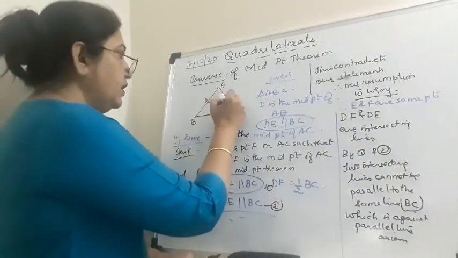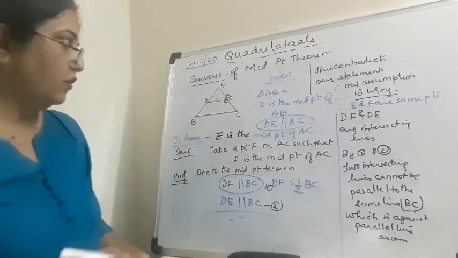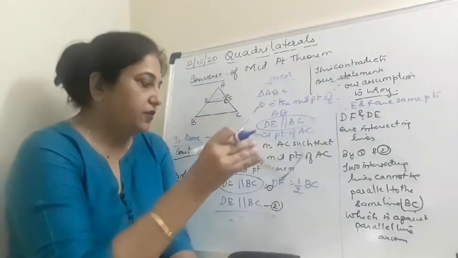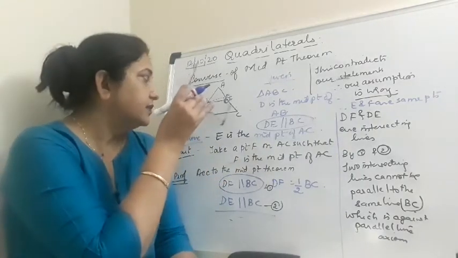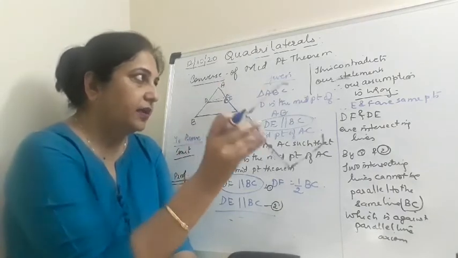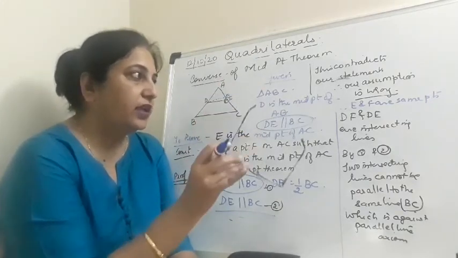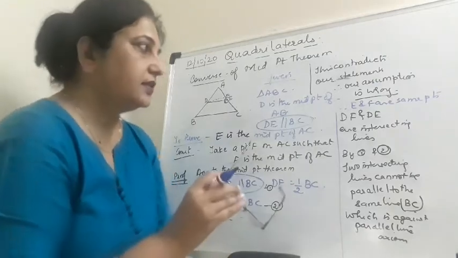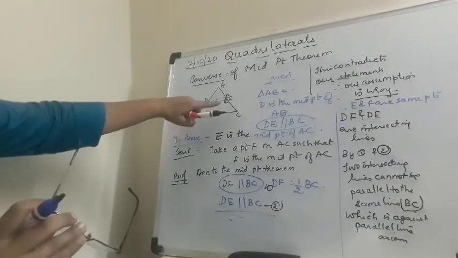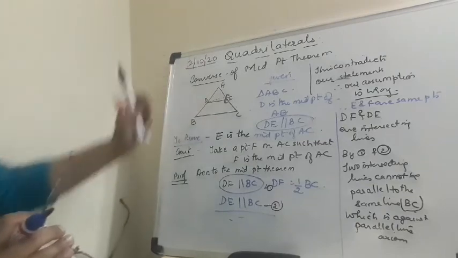Therefore E is the midpoint of AC. Did you understand that after this you will write that these two lines are parallel to the same given line, which contradicts our statement. Our assumption is wrong and therefore E and F are the same points. Hence, in the end we write that E is the midpoint of AC.